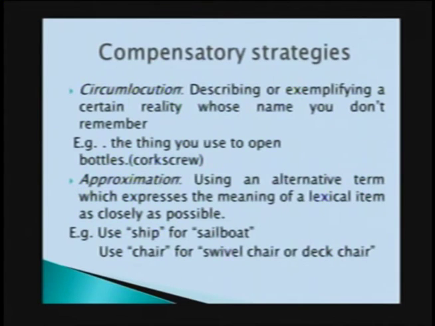Strategy number one, called circumlocution. This prefix means to go around, and locution is what you say, a sentence. So circumlocution is the moment when you describe or exemplify a certain reality whose name you don't remember.